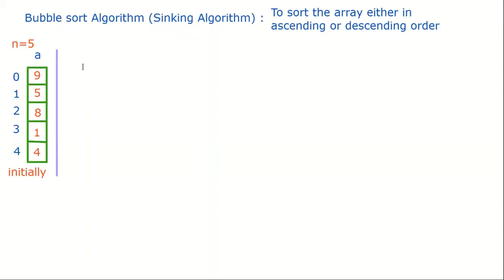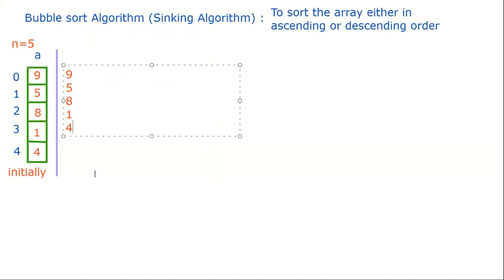Let us understand the tracing part of the bubble sort algorithm. Let's start our understanding using the initial array sequence. It's 9, 5, 8, 1 and 4.